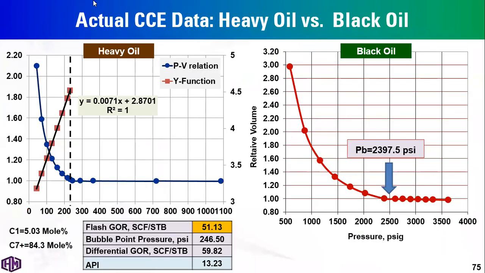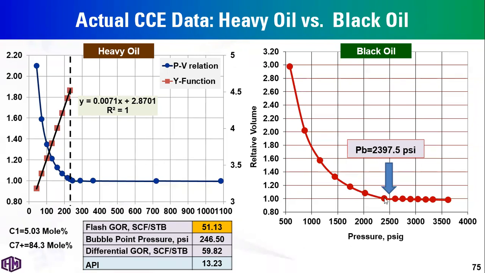Another comparison between heavy oil and the black oil. This is the relative volume against pressure, and it's using the heavy oil. As you can see, we have a clear change at the bubble point or saturation pressure, which means above the saturation pressure there is no change in the total cell volume, but below saturation pressure, the relative volume is increasing at a high percentage.